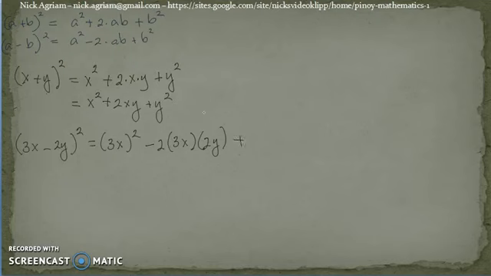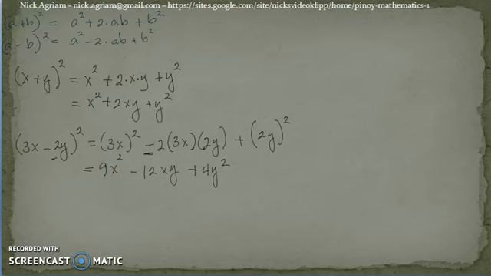We don't consider the sign here because it's already here. So remember that. And then we have the last term, 2y squared. In the last term, you can even use minus 2y, but it doesn't matter. Then simplify. Then we have 9x squared. And then we have 2 multiplied by 3 is 6, multiplied by 2 is 12. So negative 12xy. And then the last term will be 4y squared.